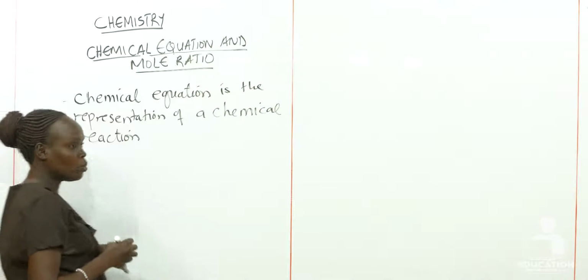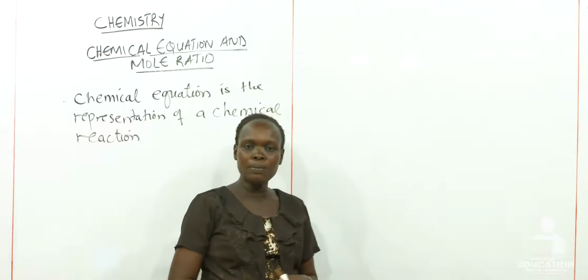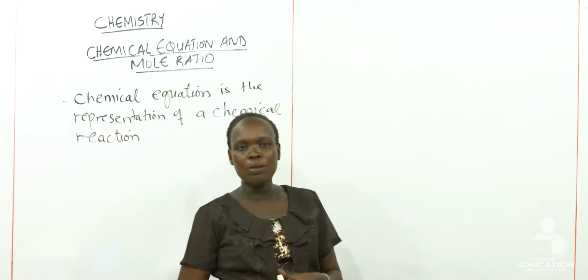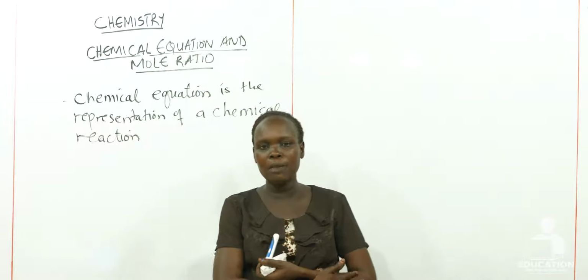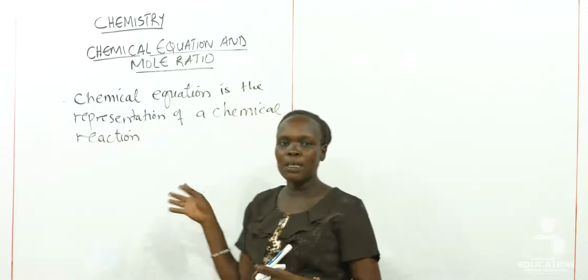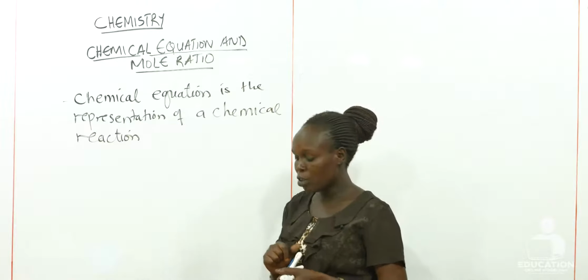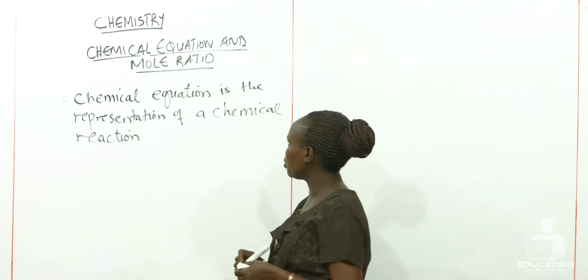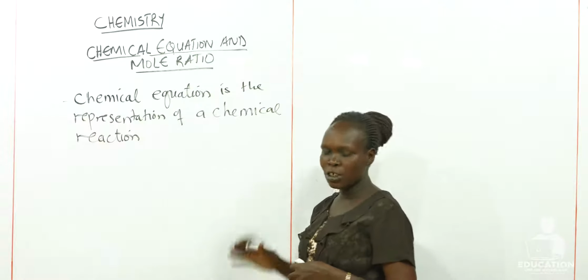The first thing to put into your mind is that a chemical equation is the representation of a chemical reaction. It means there is an experiment that has taken place and we are representing the reaction through a chemical equation.